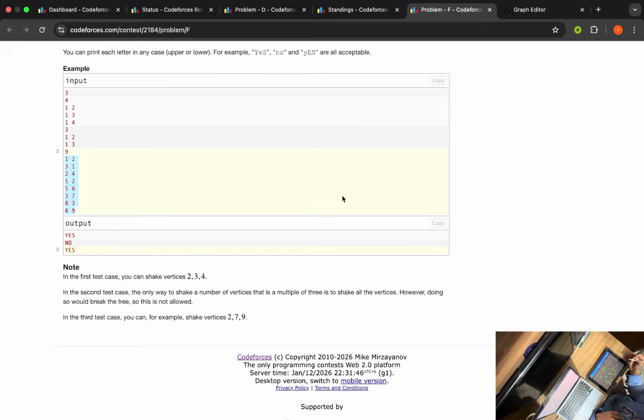I want to divide it into multiples of 3: 3, 6, 9, 12, something like that. 1 2 3 4 5 6 7.